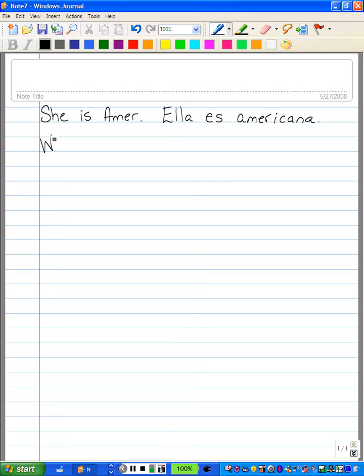If you want to say, we are teachers, then you would say, nosotros somos profesores. You can follow along with these verb forms on page 20 in your book if you would like to.